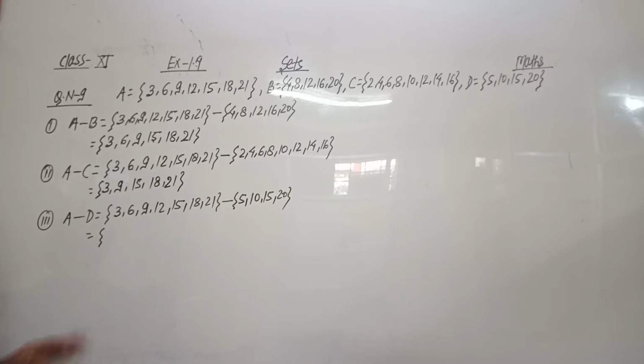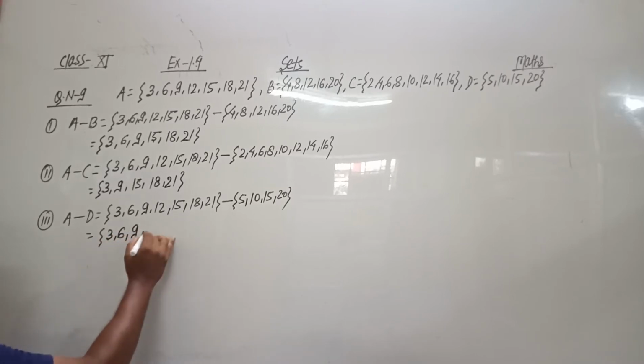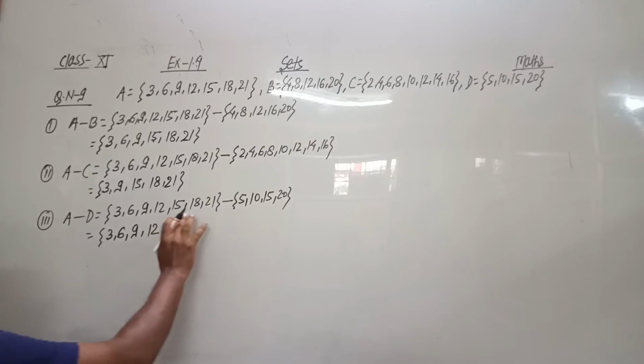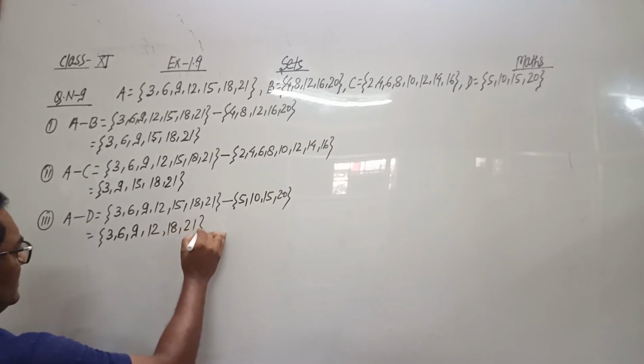So those elements of A which are not in D: that is 3, then 6, 9, 12, then 18 and then 21.